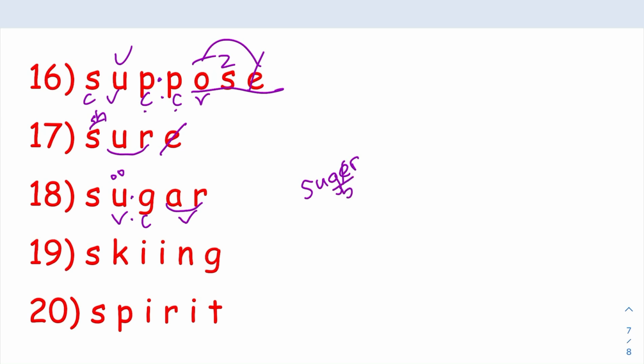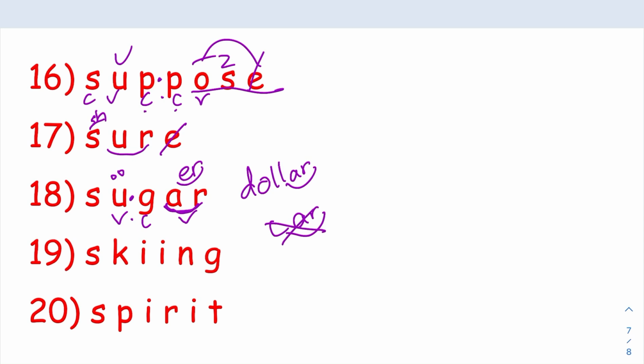So to me, it totally makes sense why we use this AR, but AR is making that sound, like a spelling pattern we'll talk about very soon, like dollar. It's just making that sound. So sugar, right? It's not the ARR car. It's not sugar. It's the sugar sound.